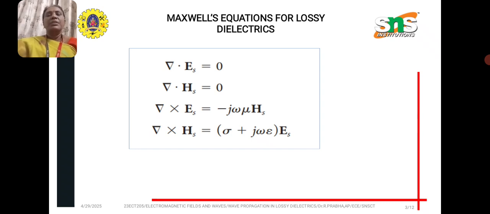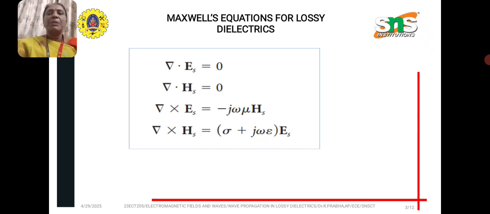And now we are going to see about Maxwell's equations. There are four Maxwell's equations we know. They are derived from Ampere's law, Faraday's law, Gauss's law of electricity and magnetism. These four Maxwell's equations form the basis for the existence of electromagnetic waves in space.